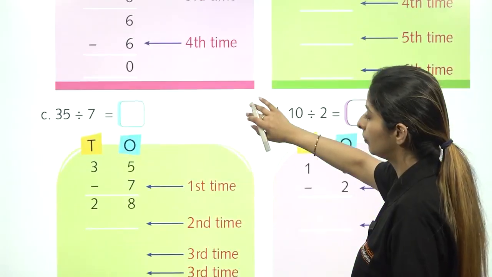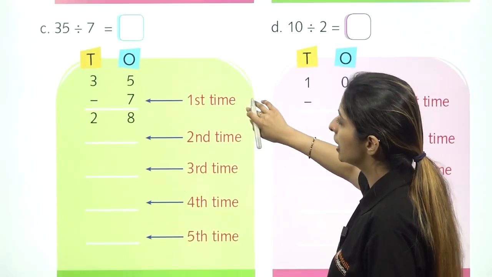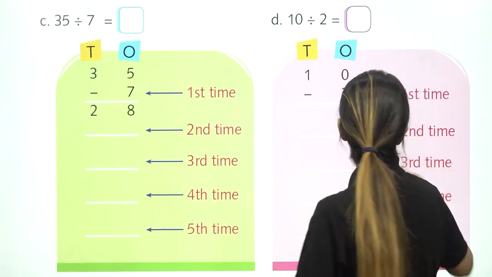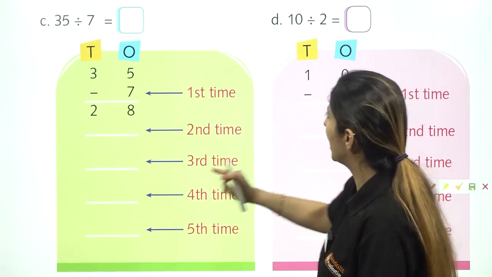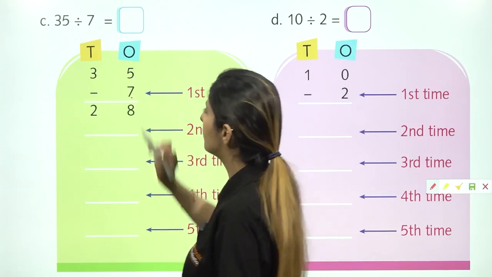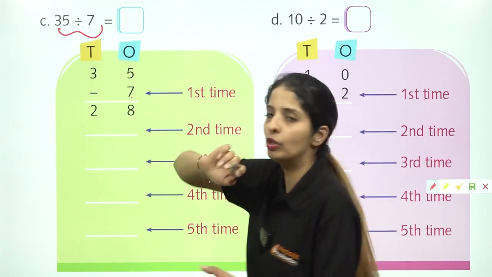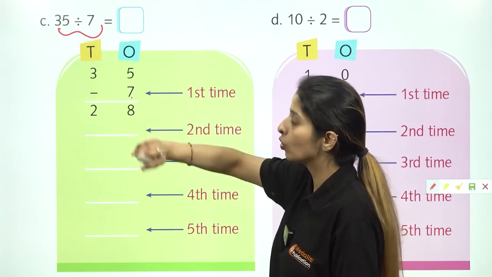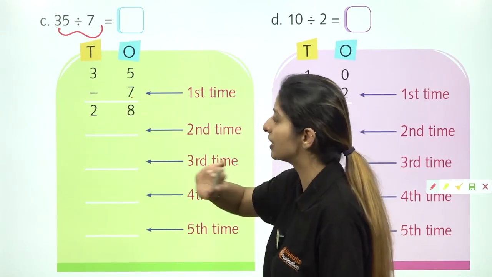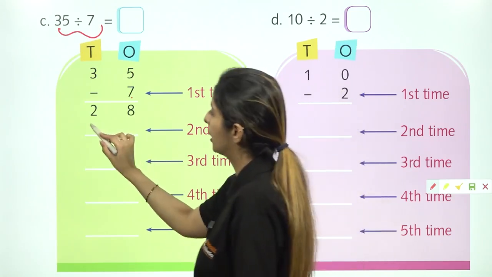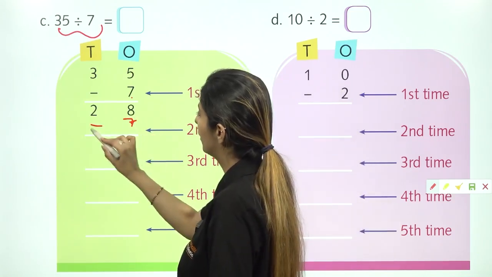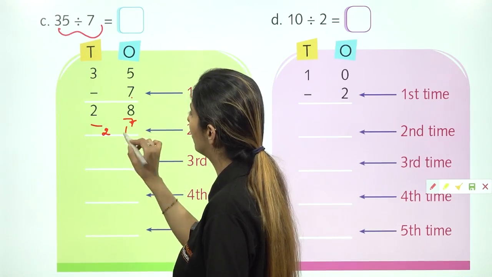Next, you are given this. You have to practice it. Try doing it. We have to divide 35 by 7. So what we will do? 35 minus 7, we get 28. Now again we minus 7, we get 21.